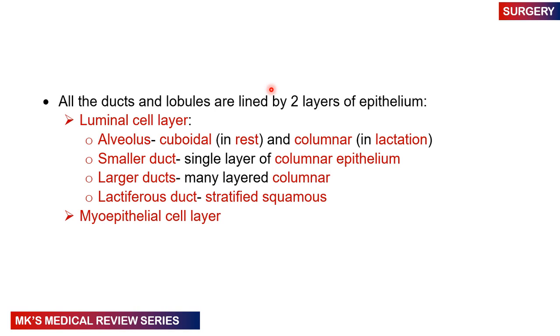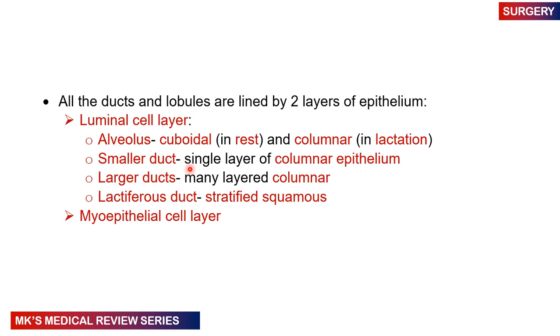Remember that all the ducts and lobules contain two layers of epithelium: a luminal cell layer as well as a myoepithelial cell layer. This is very important, especially as a preliminary before we talk about breast cancer in another video. Make sure you remember this. In the alveoli, you have cuboidal cells at rest and columnar cells during lactation. The smaller ducts consist of a single layer of columnar epithelium.